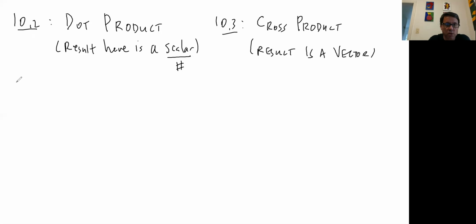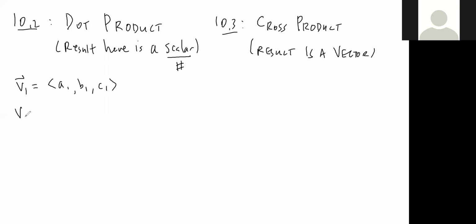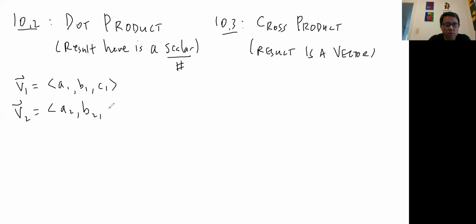So let's just try this. If we have, I'll be a little more careful here, A1, B1, C1, and we have another vector, which is A2, B2, C2, maybe I'll just try to do these things together. I know they're in two separate sections in the book, and sorry, this is technically 10.3, and this is 10.4.